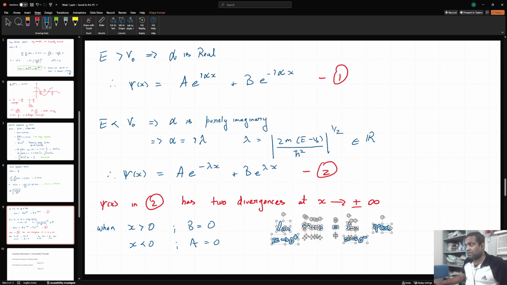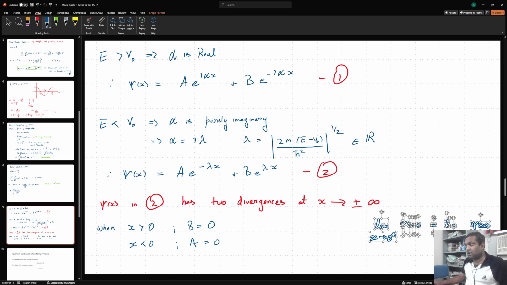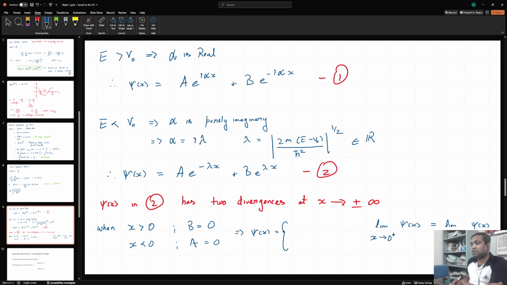Let me write the solution to the wave function all the way over here. So this implies psi of x is equal to a e to the power minus lambda x for x greater than 0, and b e to the power lambda x for x less than 0.